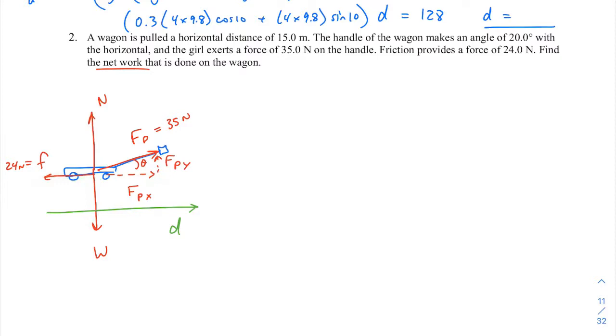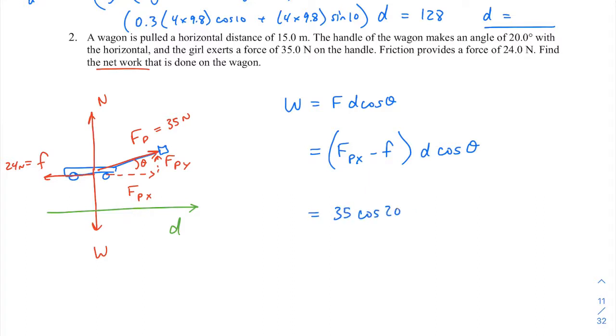So I'm trying to find my work, which is equal to force times distance times cosine of theta. The two forces doing work are FPX and friction, and they're working against each other. So it's FPX minus friction, times distance, times the cosine of theta. FPX would just be 35 cosine of 20, minus friction, which is 24, times the distance of 15, times cosine of 0.